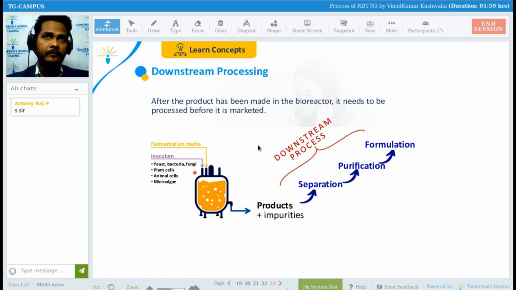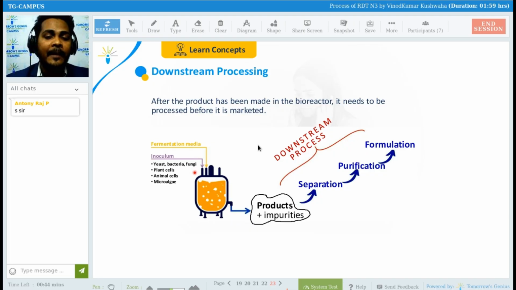Okay. After collection of your product, after the fermentation, what is next? The product needs to be purified, because this product contains impurities, lots of unwanted material is also present in that product, right?